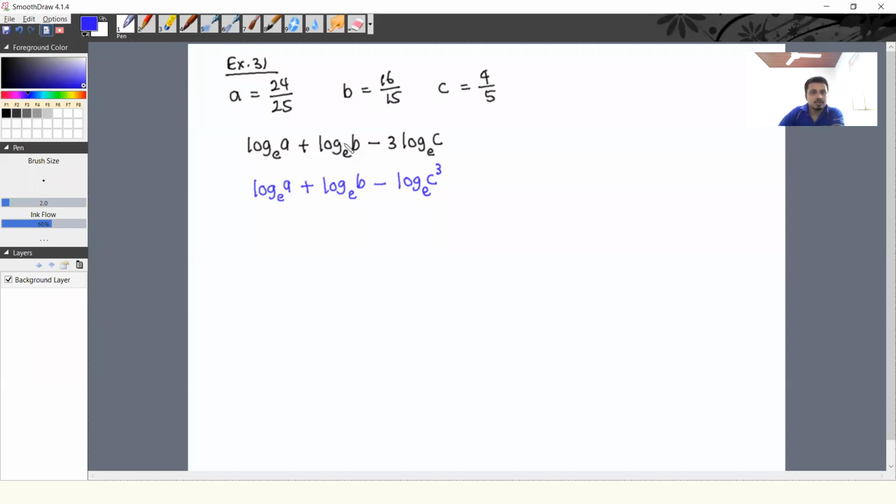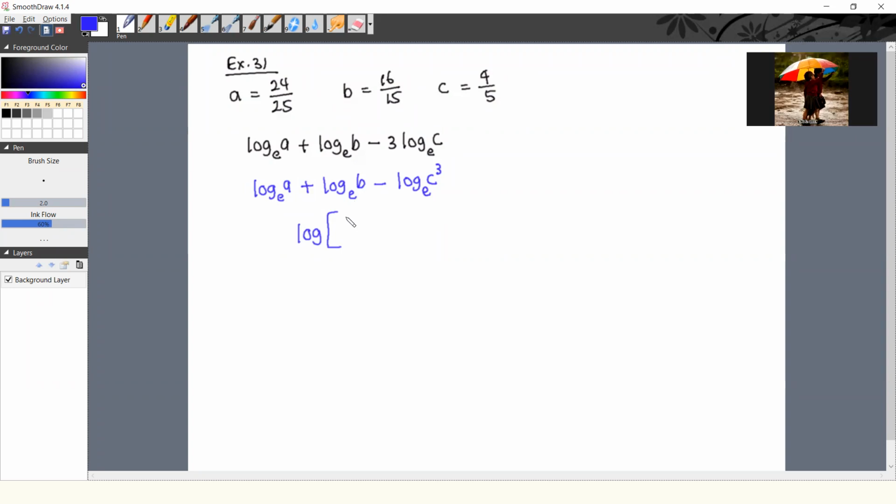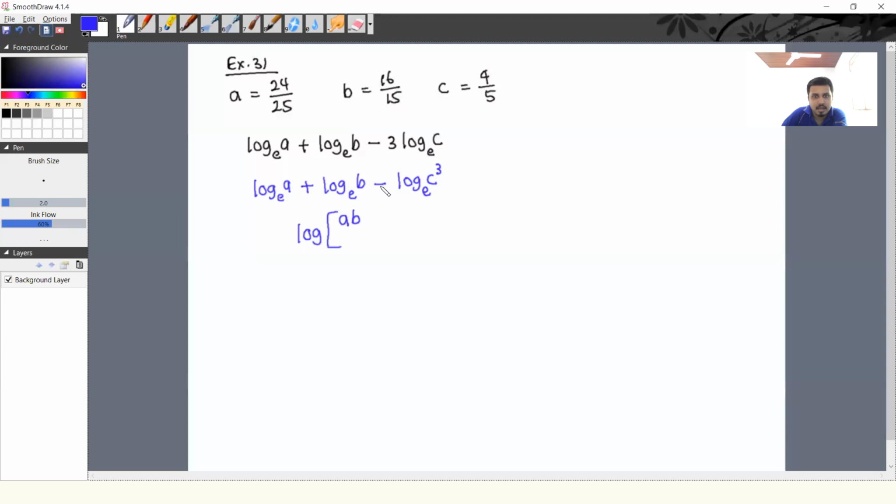Now what we can do? Using the first and second rules, the same can be rewritten as how? See here, all these three terms have the same base value. Then here we have an addition, a plus b, so that can be rewritten as a into b.